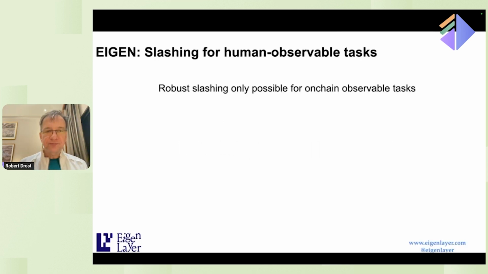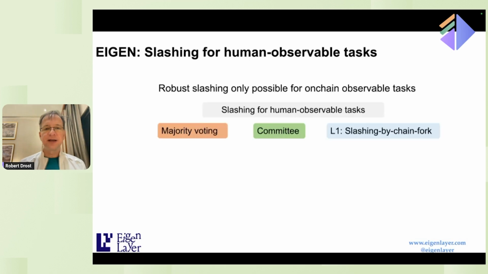So, slashing for human observable tasks. What do I mean by that? In crypto to date, the slashing that we've been able to do in proof of stake protocols, adding this beautiful idea of stake and slashing, has been for on-chain observable tasks. The reason is that a chain is a mathematically provably correct execution environment.